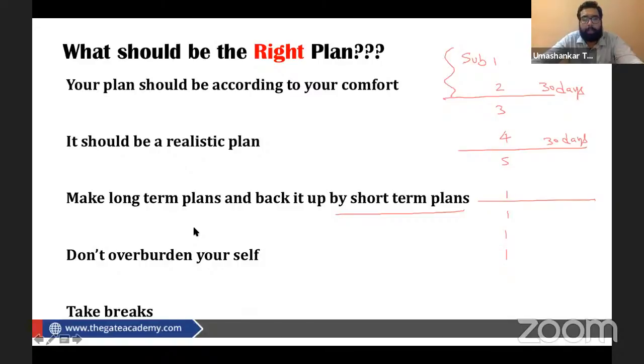When I was preparing, I was working in BHEL at that point of time. I always made one long-term plan and then a short-term plan. If in a week I did whatever I planned, I always gave myself some reward, like going for a holiday or watching a movie.